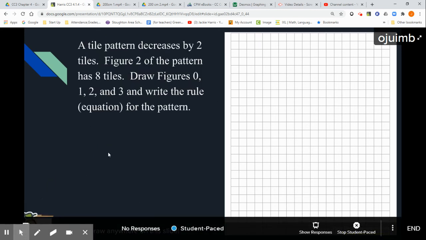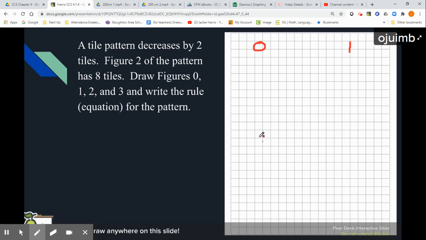Okay, the second one, we have a little bit different pattern because the tile pattern decreases by 2. So if figure 2 has 8 tiles, here's figure 0, figure 1, figure 2 is going to have 8 tiles.